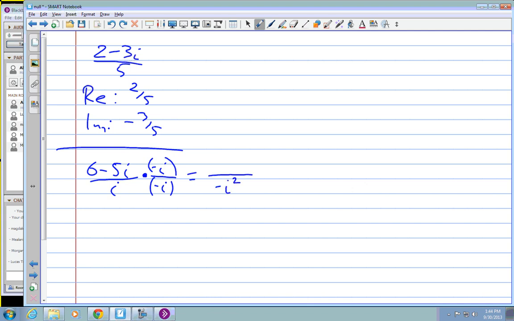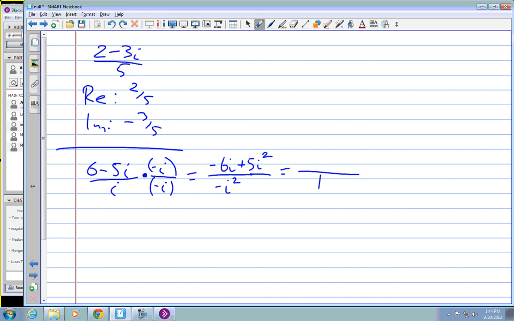What is i squared? So negative of that? No, the denominator is going to be positive 1. i squared is negative 1 times a minus, so it's a positive 1. While in the numerator, you're going to have negative 6i plus 5i squared. So if I actually make it all pretty, the denominator is 1.